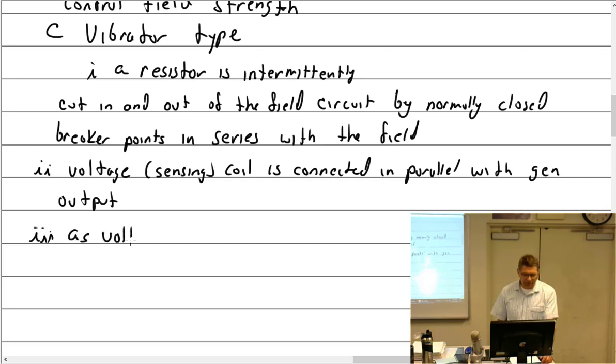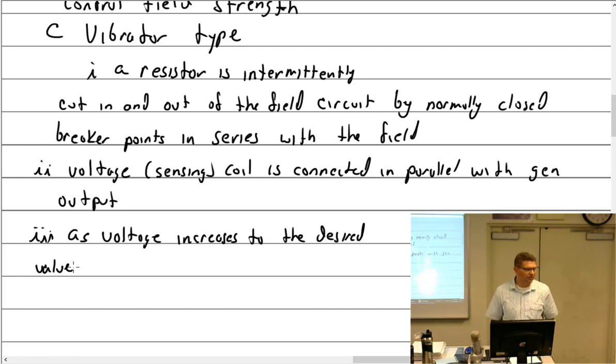As the voltage of the generator increases to the desired value, now, what should the value be of a generator? 14 or 28.